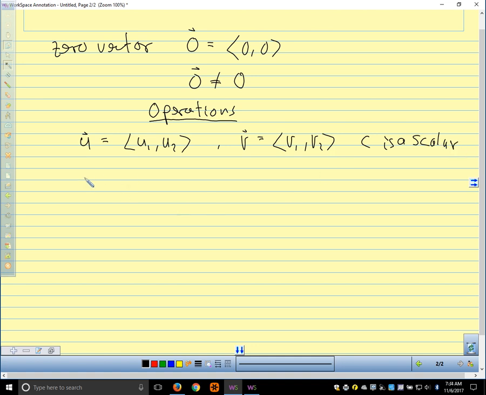To add or subtract vectors, u plus or minus v, we add or subtract the components. u1 plus or minus v1, comma, u2 plus or minus v2. To add or subtract vectors, we add or subtract the components.